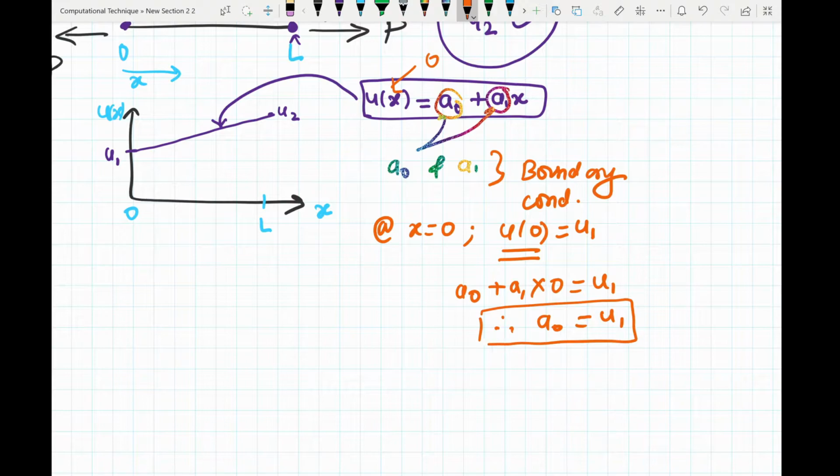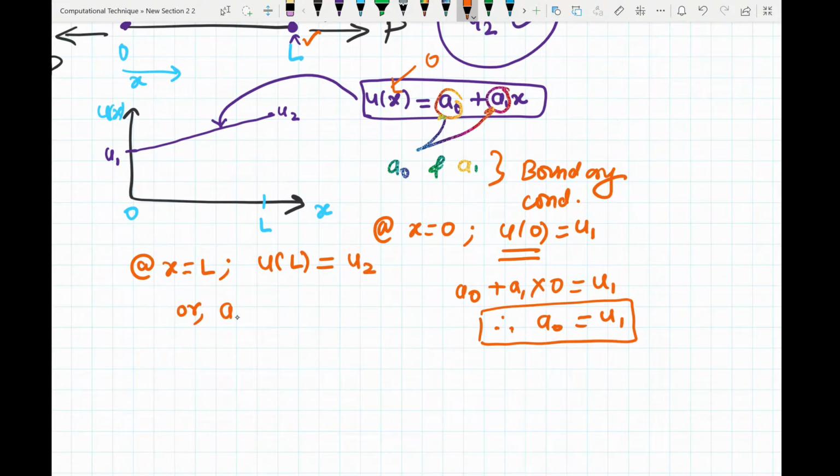Again, your other boundary condition is at x equals L, where your u(L), which is this point here, equals u2.